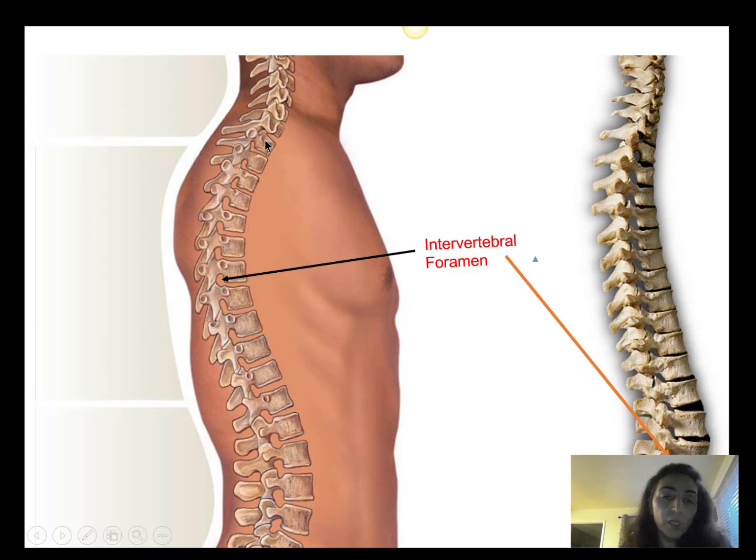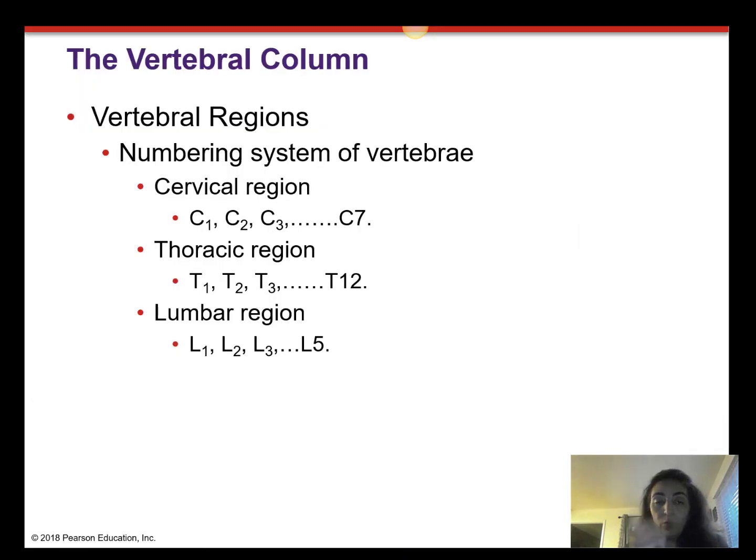You just can see the intervertebral foramina, like this one, this one, this one, each one, because you're looking at the side. At the same time, you can see through the vertebral canal, right? So when you look at the actual vertebral column, you can have a better idea of all this.